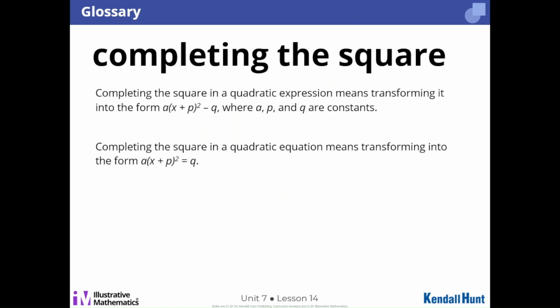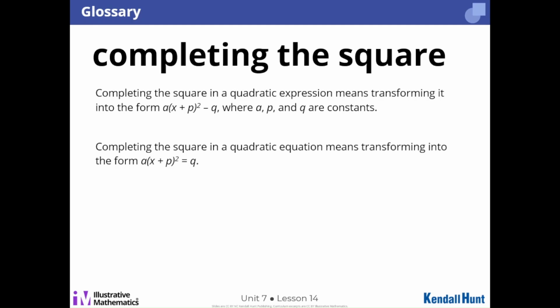For glossary terms, we have completing the square. Notice that when it's an expression, the main thing is that we have a squared term. Now we're going to worry about that a being there, because a is not going to be 1 anymore. And then we have this extra amount that's being subtracted.